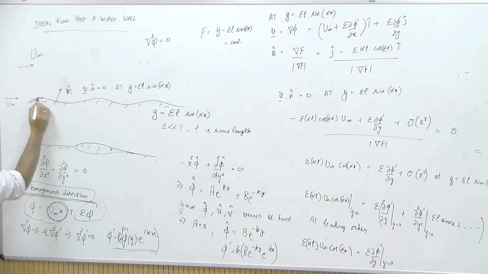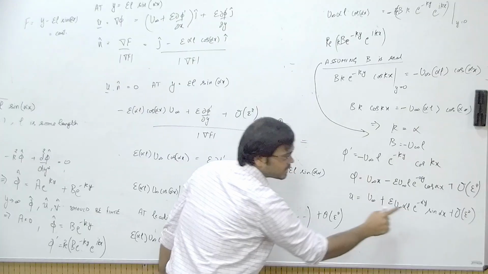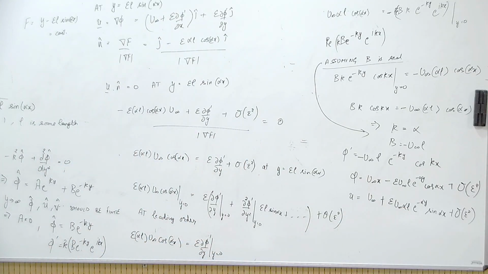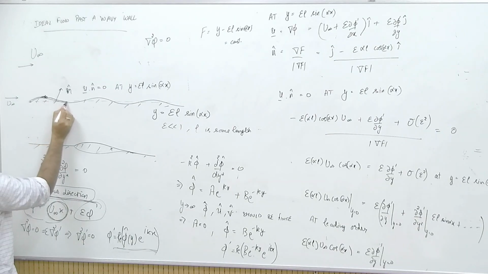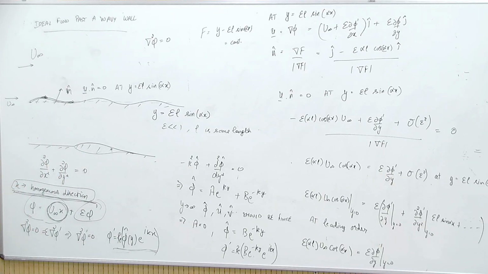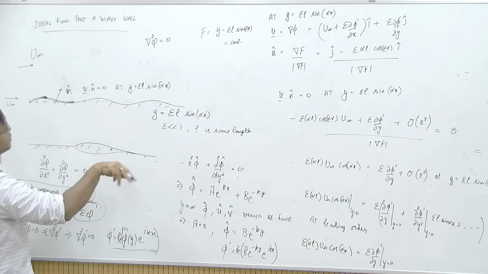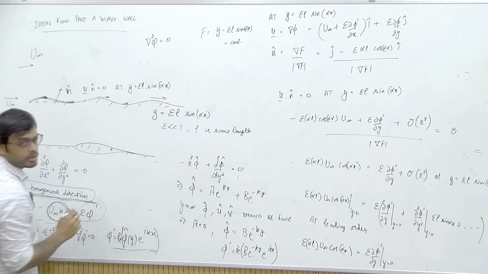As you move up, the flow accelerates and it has a maximum x direction velocity when alpha x is pi by 2, and then it goes down and has a minimum velocity in the x direction at the crest or trough, sorry, and then a maximum again, and so on and so forth.